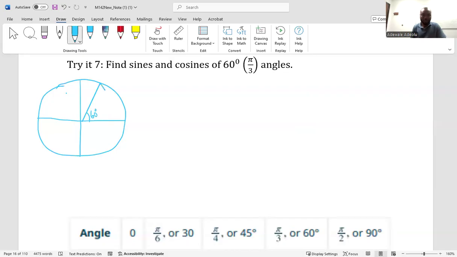Well, I can do something like this, and I can bisect that line. Remember, here is 1, here is 1. So I can divide that into 2. So this becomes half, here becomes half. So this is 90 degrees. Here will be 30 degrees.